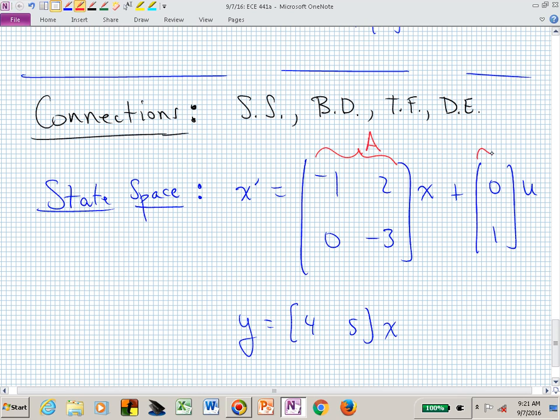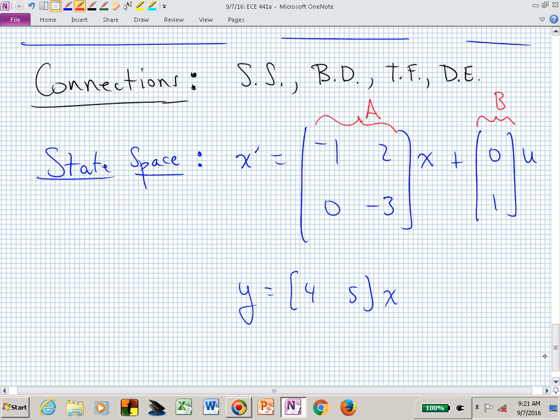Here is our B matrix, the input matrix. The A matrix is the system matrix. And the output matrix C is [4, 5]. And you already know a lot of information just by inspection of this state space representation. If you've had some linear algebra, which most of you should have had from math or from ECE 310, what are the eigenvalues of the A matrix? It's upper triangular, so the eigenvalues are on the diagonal. You have eigenvalues at minus 1 and minus 3.